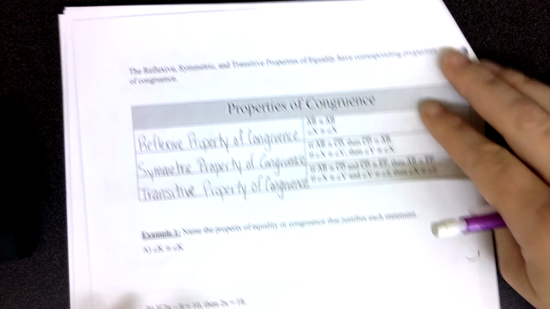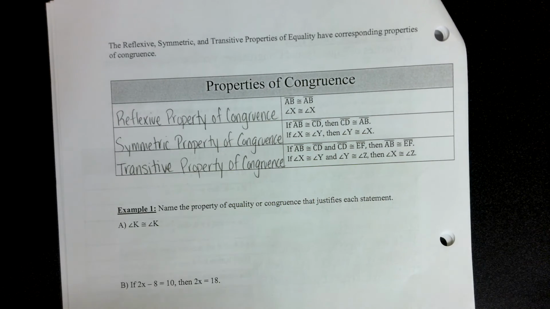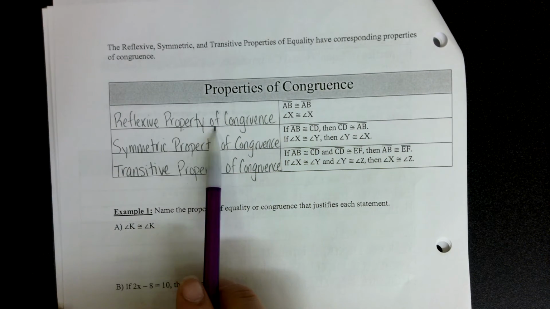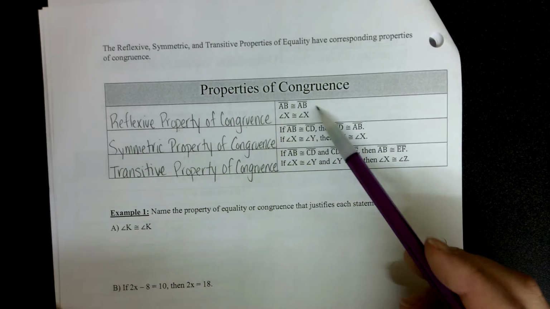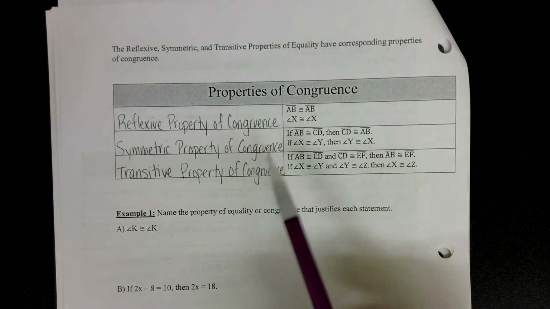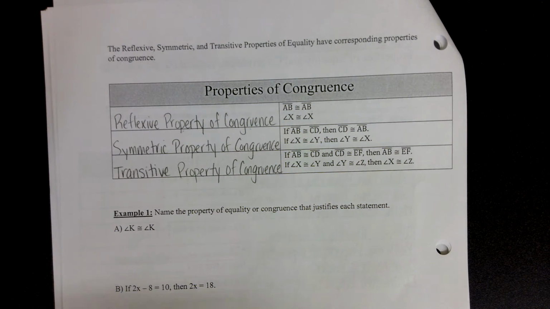Going to the next page. It says the reflexive, symmetric, and transitive properties of equality have corresponding properties of congruence. So the properties of congruence, we have the reflexive property of congruence. Segment AB is congruent to segment AB, or angle X is congruent to angle X. Then you have the symmetric property of congruence.